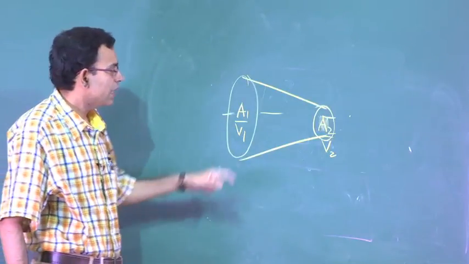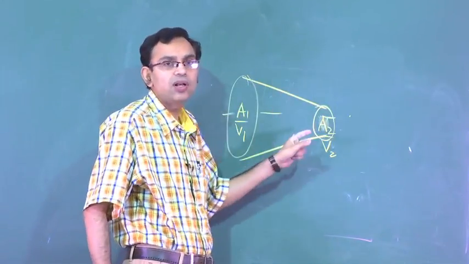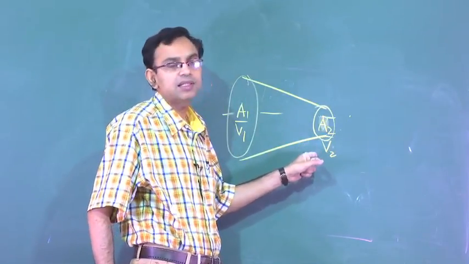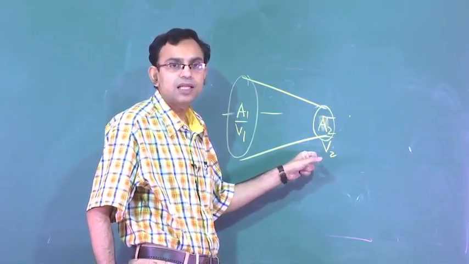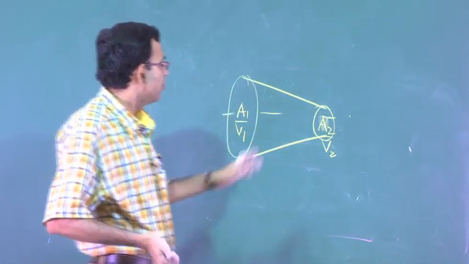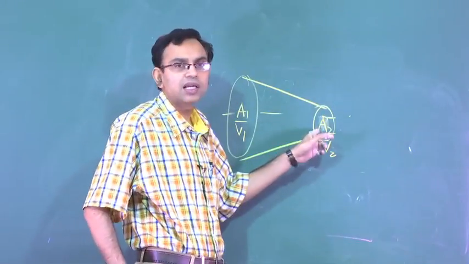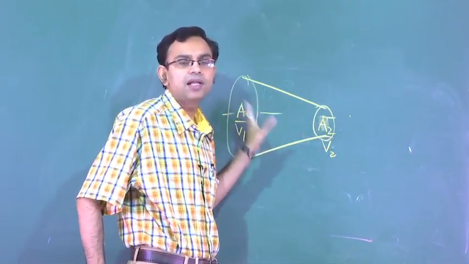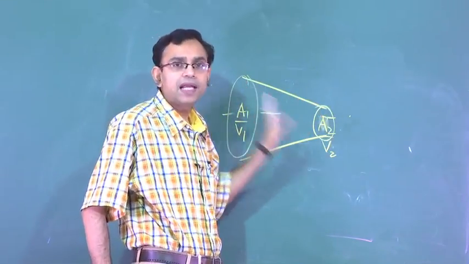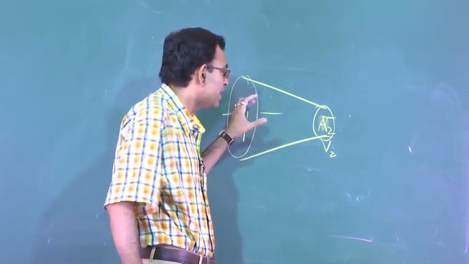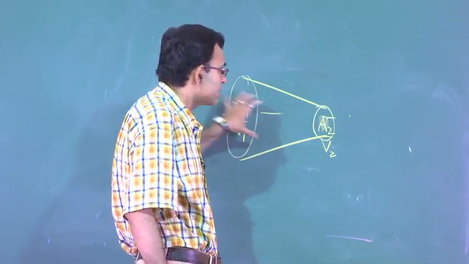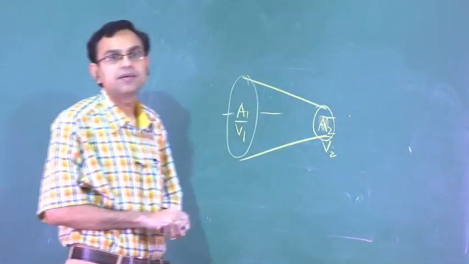But if the density variation plays its role, then of course you cannot really make such a conclusion. So the answer to this question, whether the pressure will increase or decrease, depends on the nature of the flow. You cannot predict it just from the information that the cross sectional area is decreasing.